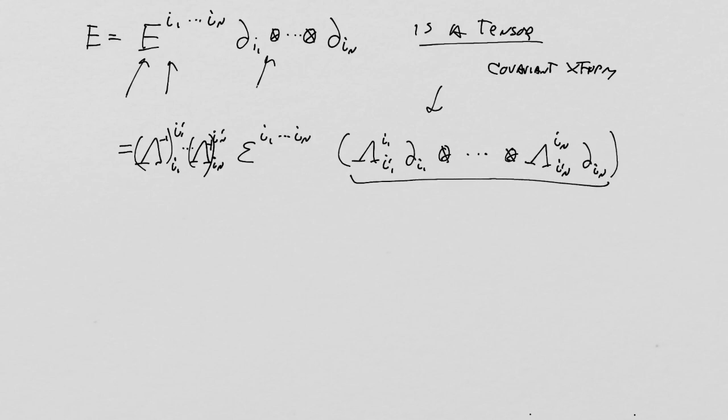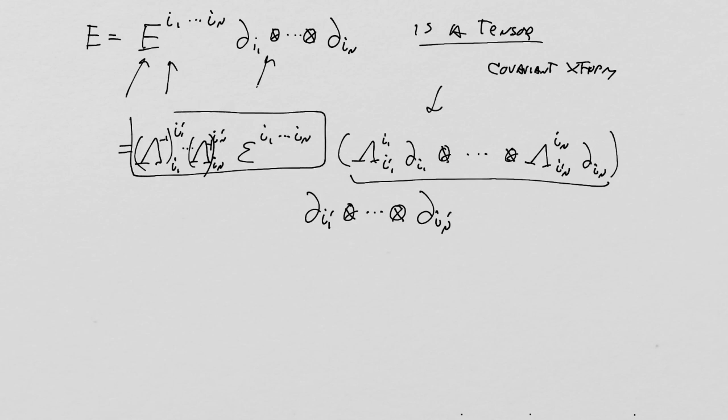This side here can immediately be replaced by psi I1 prime, dot, dot, dot, I n prime, like that. And this now defines the new values of E I1 prime, dot, dot, dot, I n prime.